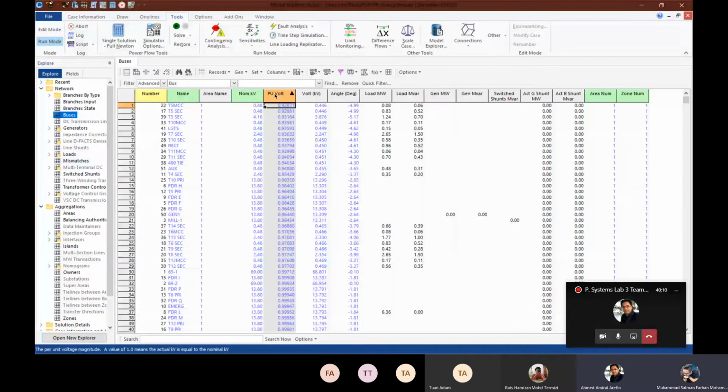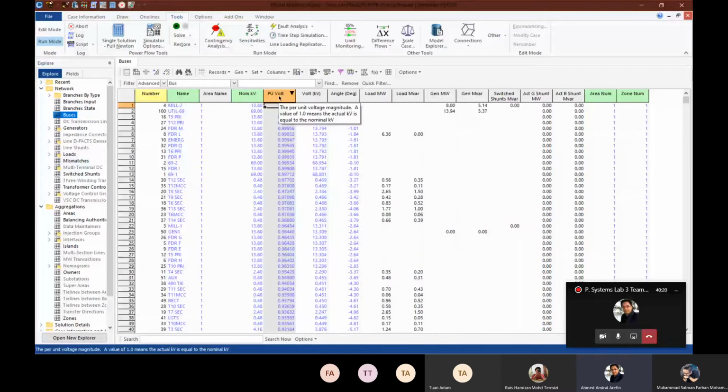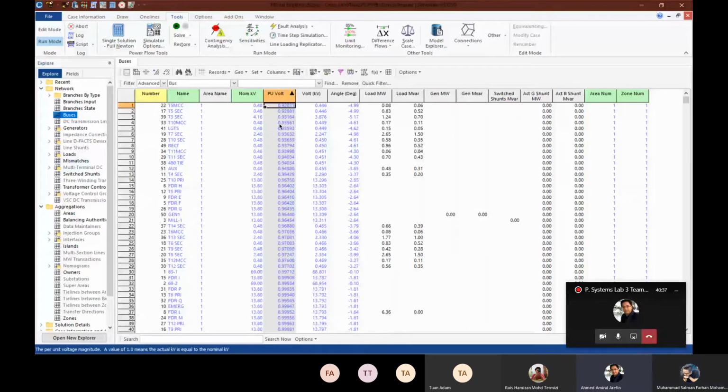And which one has the highest? This one, bus number 4. Okay. So now there are some issues in your buses, as we have some buses less than 0.95.